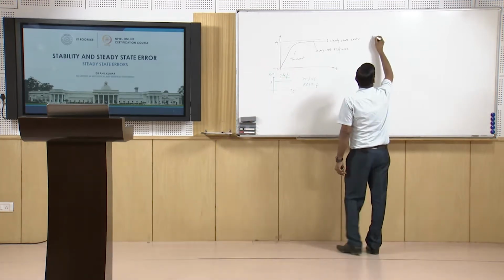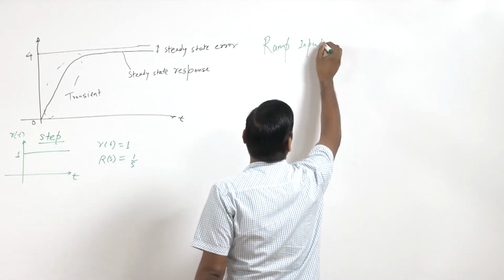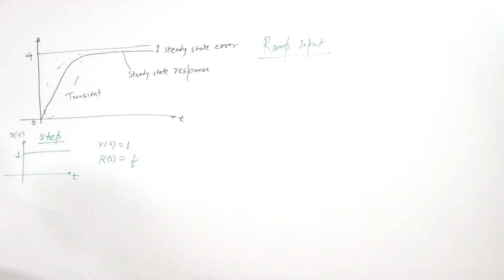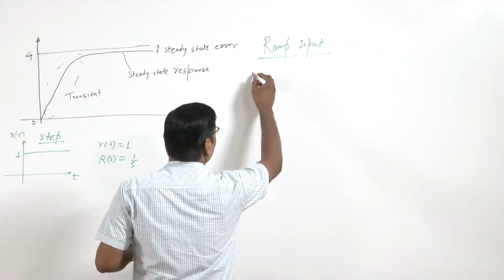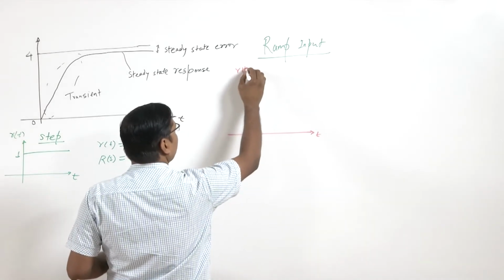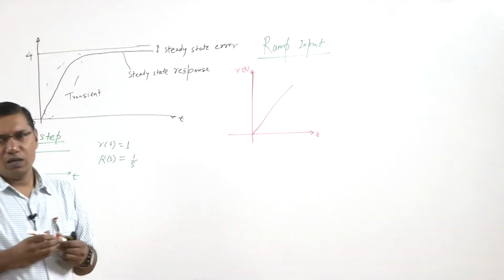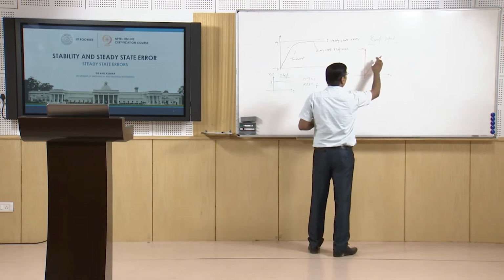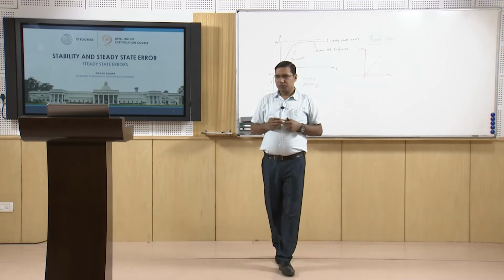Now, the second input is the ramp input. What is a ramp? A ramp is a linearly varying input with time. Here is time t and this is r(t), and the input is linearly varying. It is not constant, but it has a constant slope.